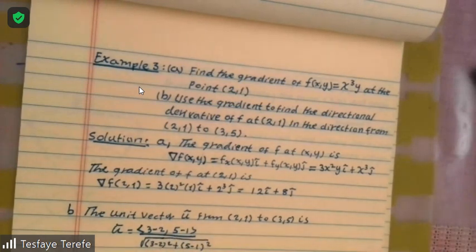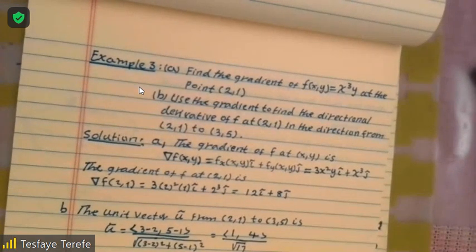Because when we use the directional derivative, we have to make sure that it is a unit vector. And this is 1, and this is 4. And this is the square root of 17, because 4 squared is 16, 1 squared is 1. Okay.